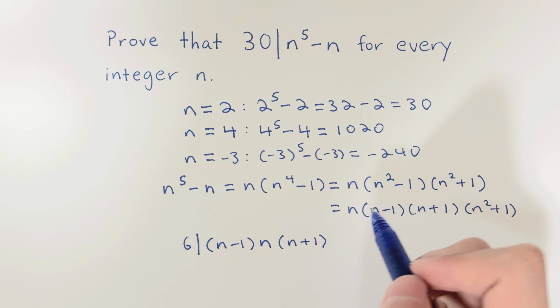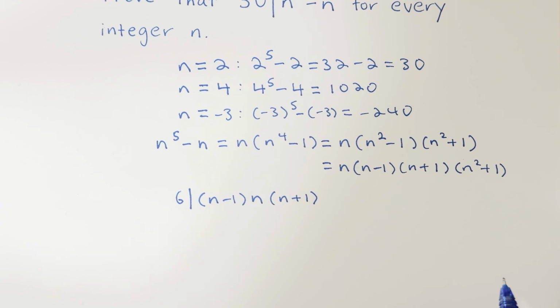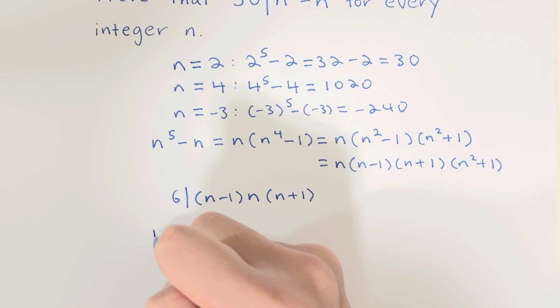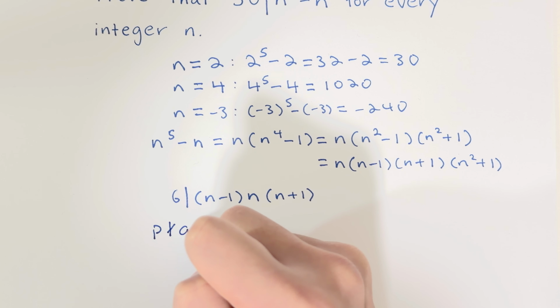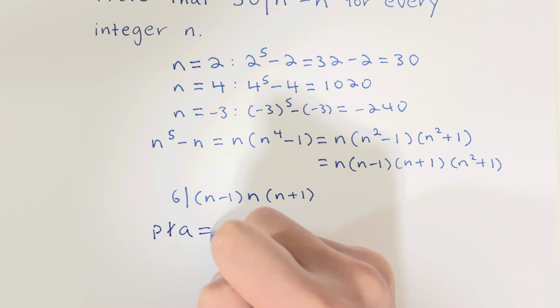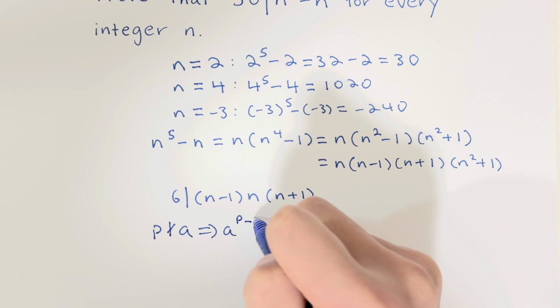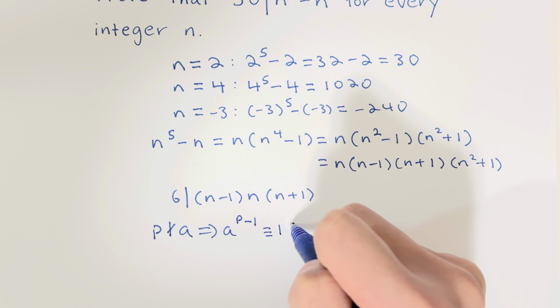Now, how do we prove the more complex portion? We want to find out if n to the power of 5 minus n has a factor of 5. This is where Fermat's little theorem comes in. Fermat's little theorem states that if a prime p is not a factor of a number a, then a to the power of p minus 1 is congruent to 1 mod p.